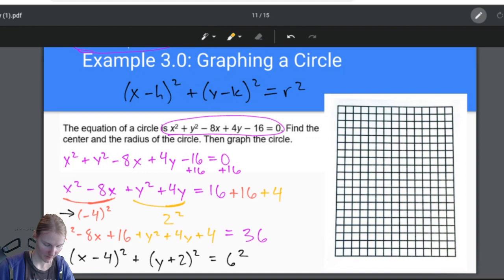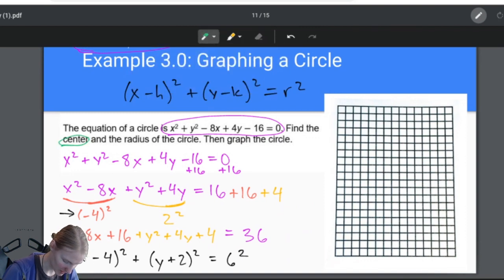So now I can see that the center is (4, negative 2), and the radius is 6. That's supposed to be r equals.